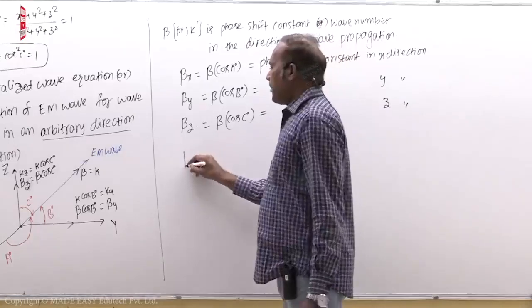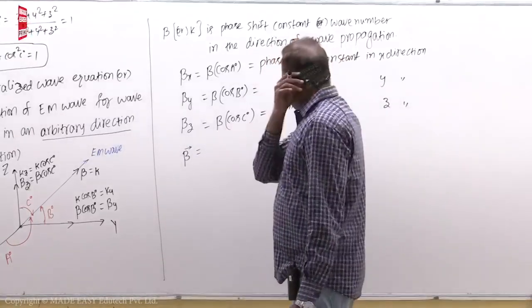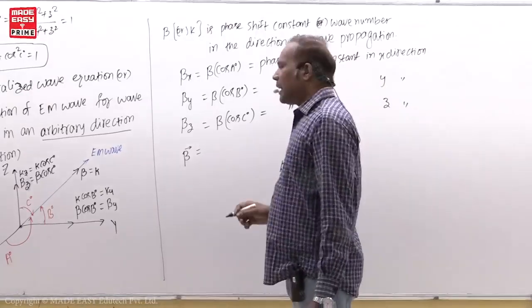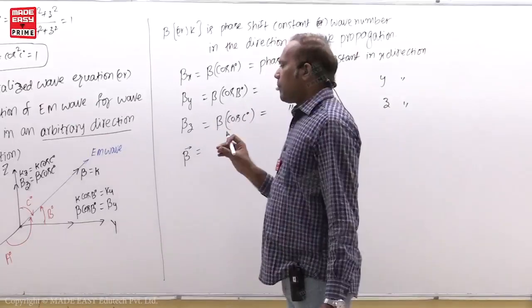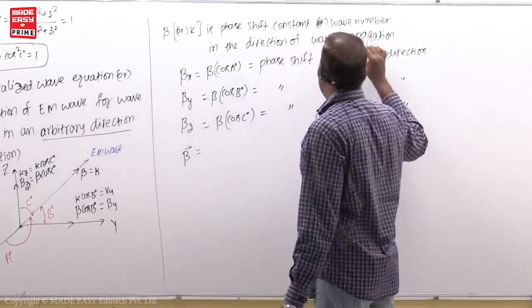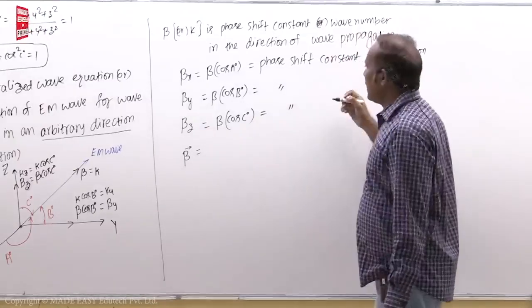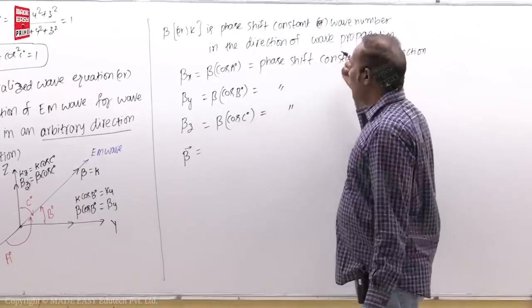Now beta bar, in the wave propagation direction. Actually beta is the phase shift constant, or otherwise wave number.